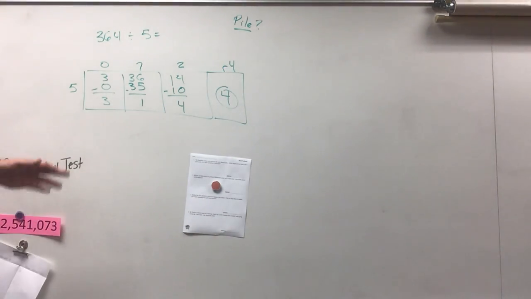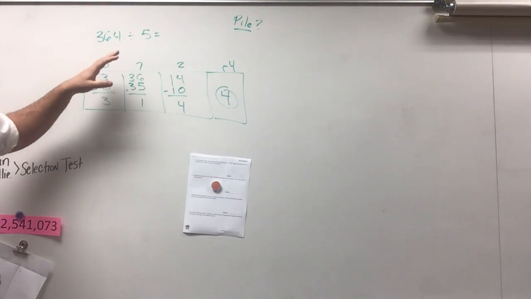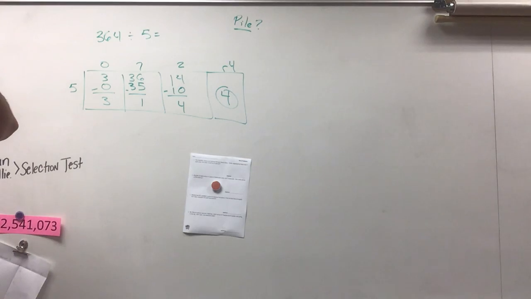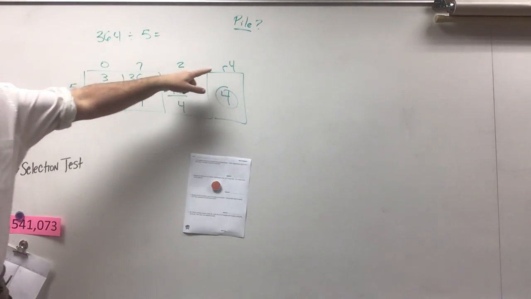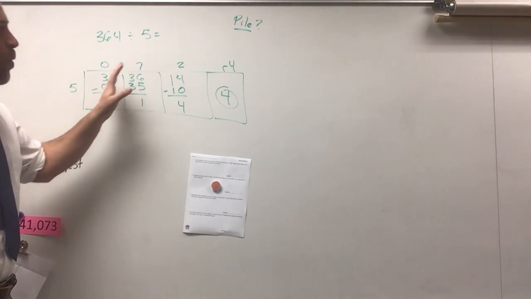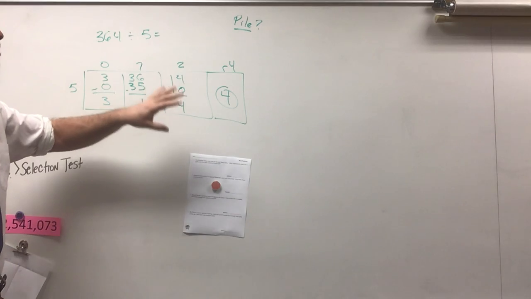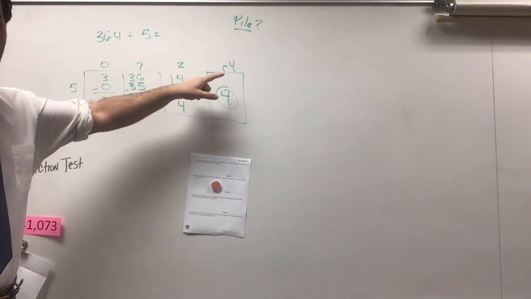Now here's the problem. You have an answer, right? But I don't think the number of books in a pile is 72 R4. I've never heard of that many books. So you have to think, what part of this is my answer? Well, they wanted to know how many were in the pile, not how many were left over.